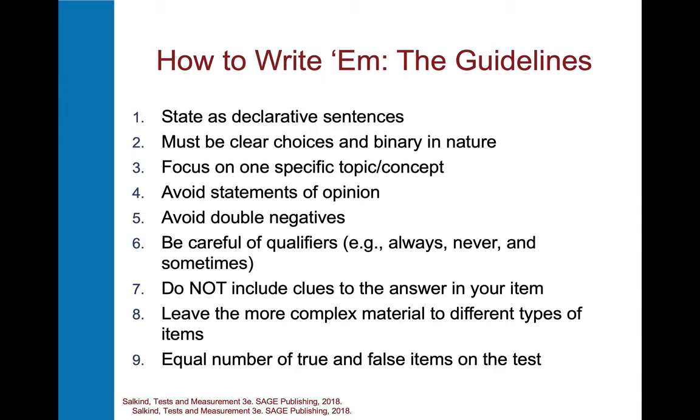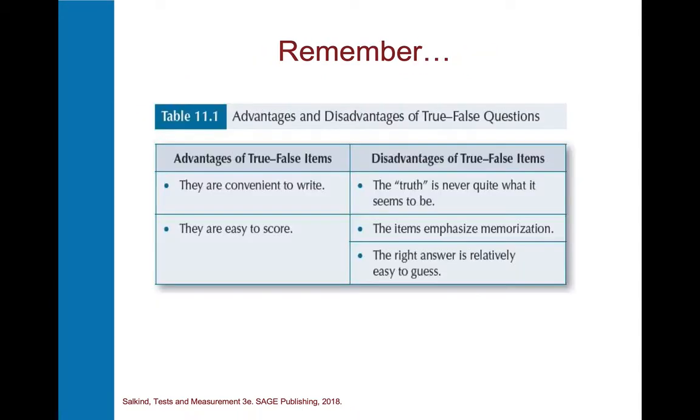So that might be a tip for you when you're making these. You want about an equal number of true and false items, but also keep in mind that if in doubt, most students tend to go with the true item. If you want to avoid false positives, you definitely want to keep that pattern in mind.